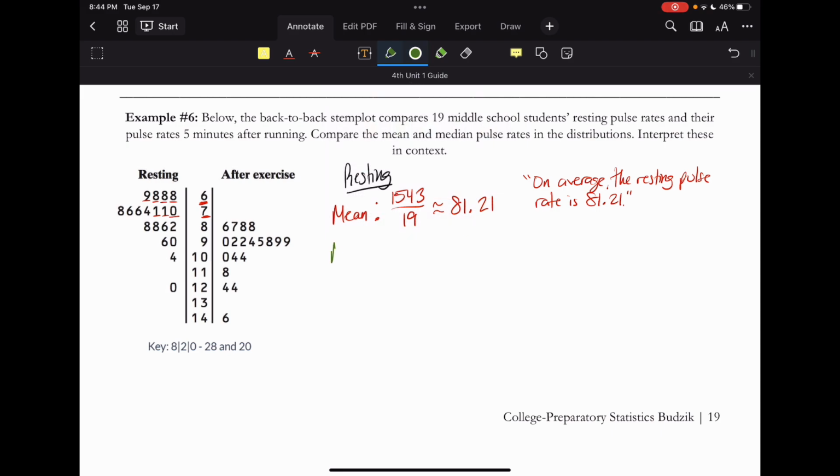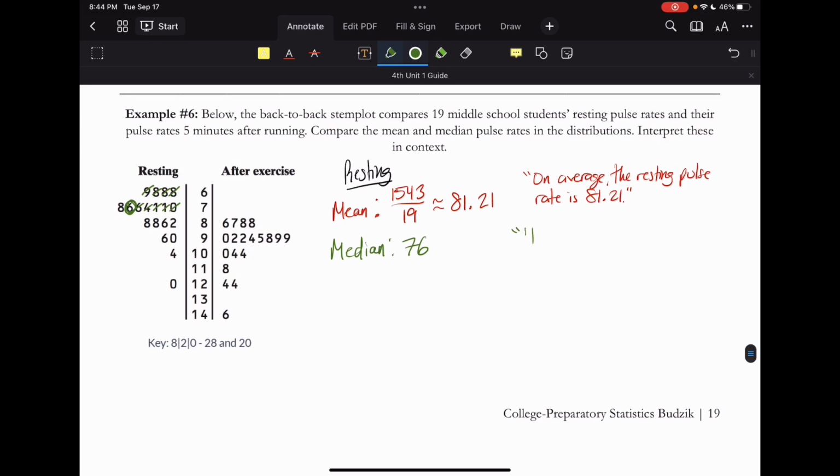And now if I want to go ahead and find the median of my resting distribution, I know that I have 19 data values. So if I think about how I split in the middle, the 10th data point is going to be my middle. So if I go ahead and start crossing off, 1, 2, 3, 4, 5, 6, 7, 8, 9, 10, there is my resting pulse rate. That is my median. So that is 76. Okay. And again, the median interpretation: half fall below, half are above.